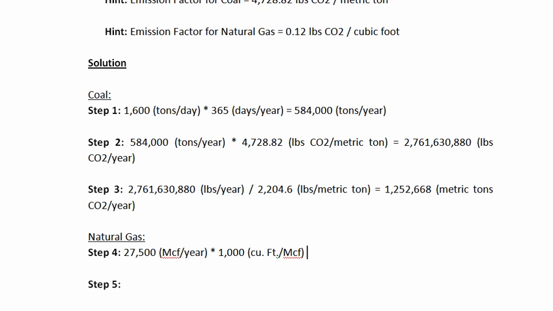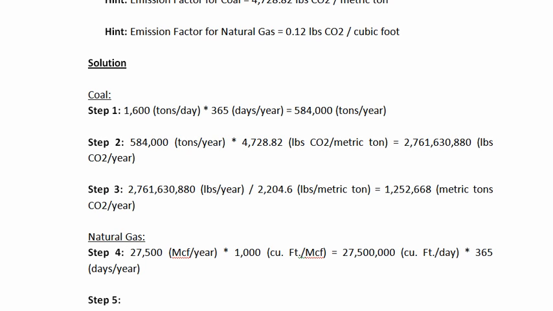And that will tell us that really this plant combusted 27,500,000 cubic feet of natural gas per day times 365 days per year equals 10 billion 37 million and 500,000 cubic feet of natural gas per year.